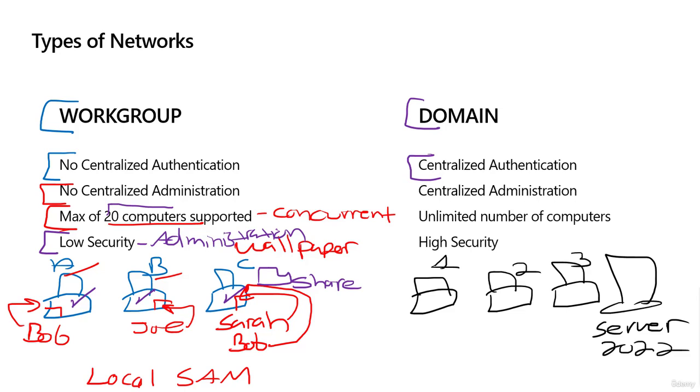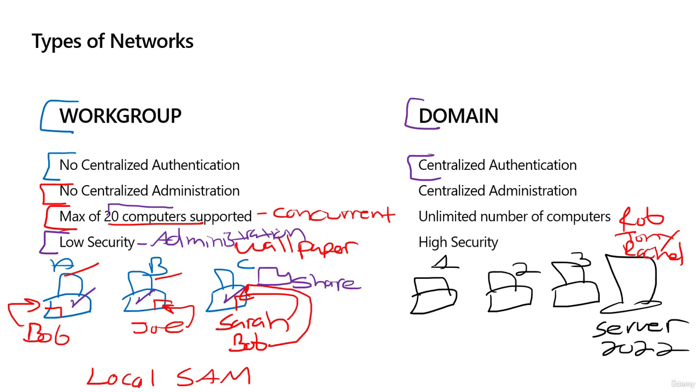The way this actually works now, with the centralized authentication, my user accounts get stored on the Windows server. If I have usernames Rob, Tony, and Rachel, their user accounts will not be created on their client machines. Instead, their user accounts will be created on my server.